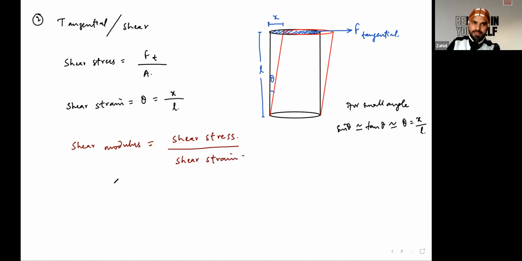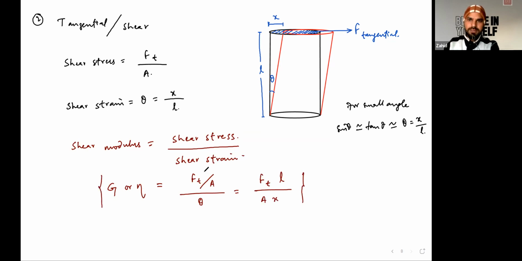Shear modulus is denoted by G, or in some other books by the Greek letter eta. So it equals shear stress, that is F tangential acting over area, divided by shear strain theta, which equals F tangential into length divided by A into X.